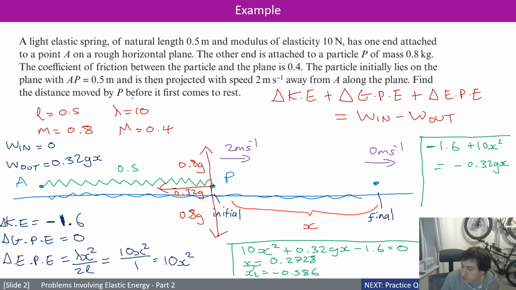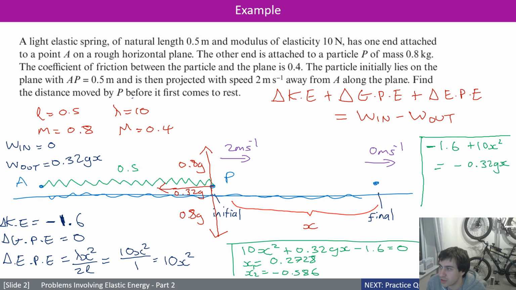Okay, so we get two solutions. That doesn't mean that there actually are two solutions. Remember, throughout this process, we're starting with mathematical truths, and the result is x could be this, or it could be this. It's at least one of them. Sometimes it's both. It depends on the situation. But in this case, we know that x is not going to be negative.